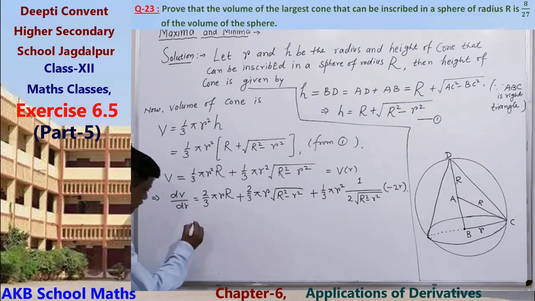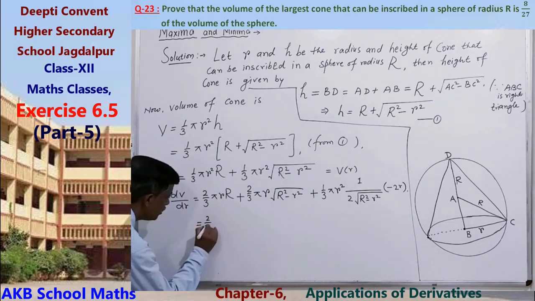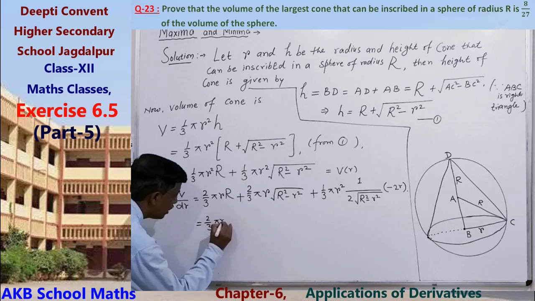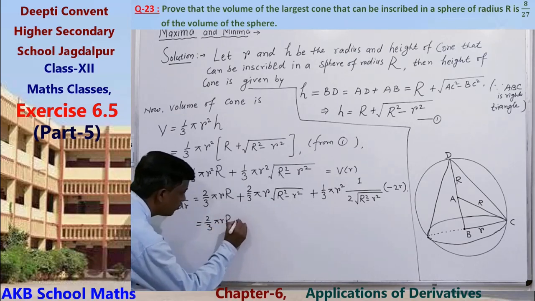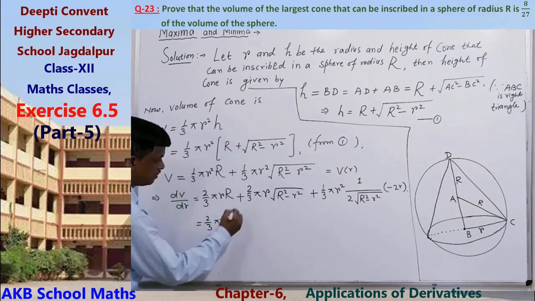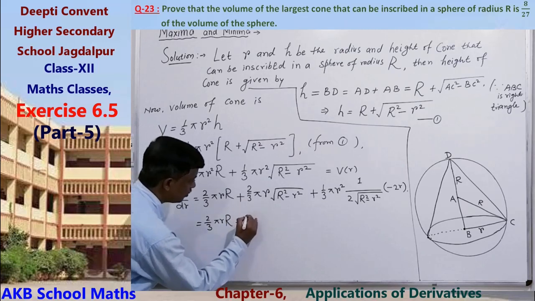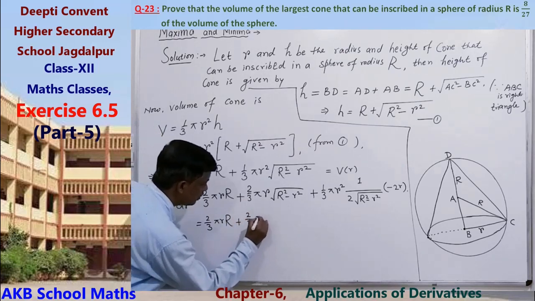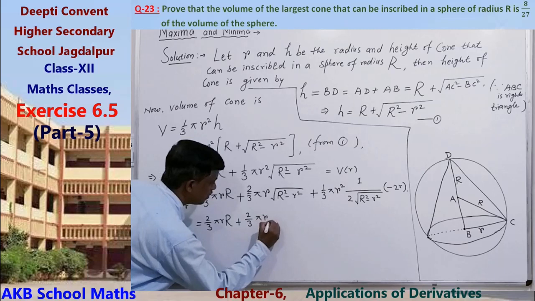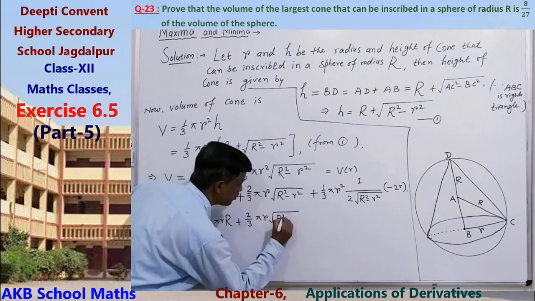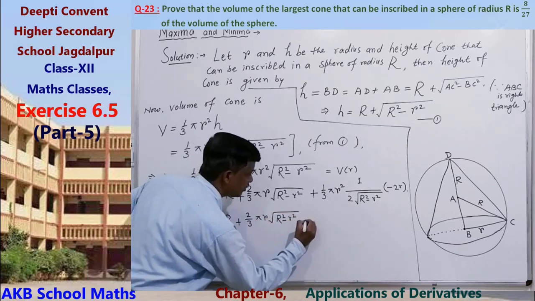Now solving it, 2 by 3 pi r plus, from here, 2 by 3 pi r root of R square minus r square.